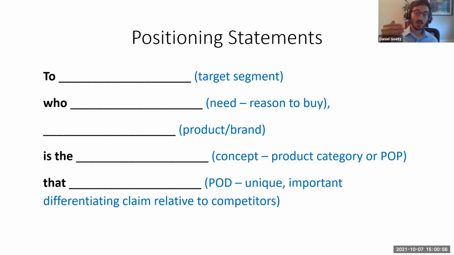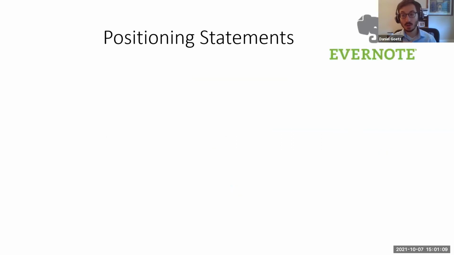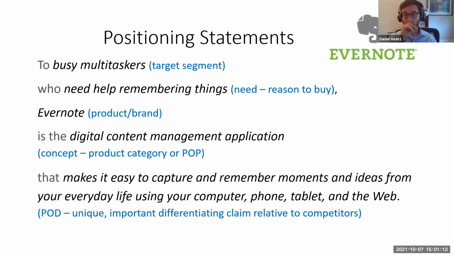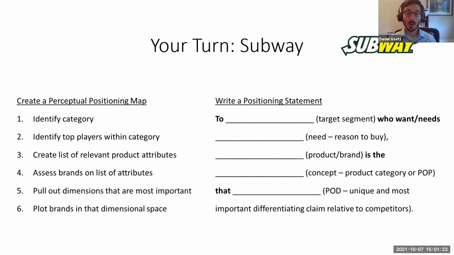So to the segment who have this particular need or reason to buy, this brand is an example of a product that also does this extra thing, right? Here's another example you can look at, the brand Evernote, which is a content management tool. One thing I would like you to do on your own time is create one for Subway, which is this fast food chain.